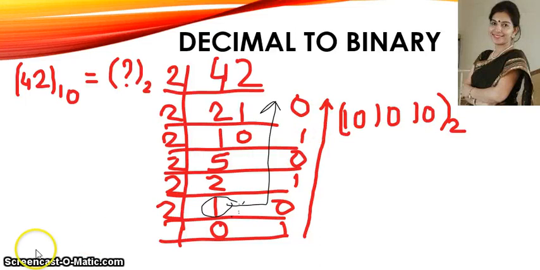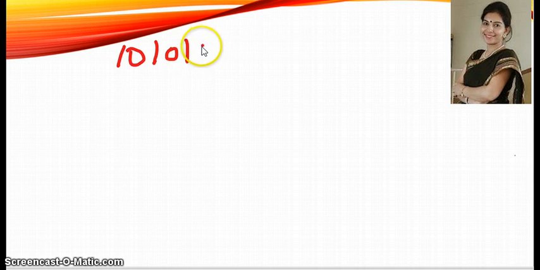So let us check. So now we have found that 101010 was the binary equivalent of number 42. So let us now convert it back to the decimal form.